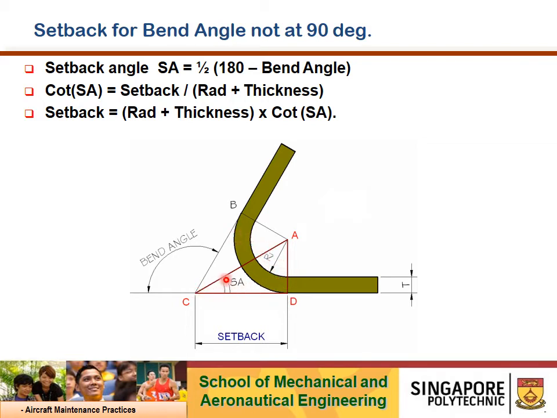You should divide that by 2. Do take note that it depends on where your angles are formed, and the distance here you know: the bend radius plus material thickness. Then this is my setback. So you can do the calculation based on a mathematical approach rather than using a chart to refer to. I'll give you a few moments to look through this slide before I move on.